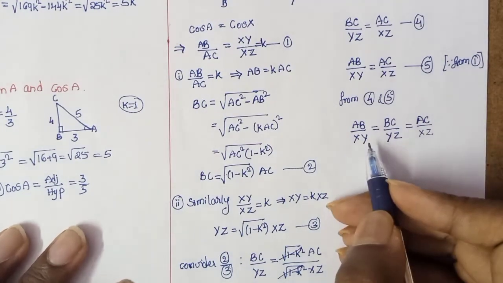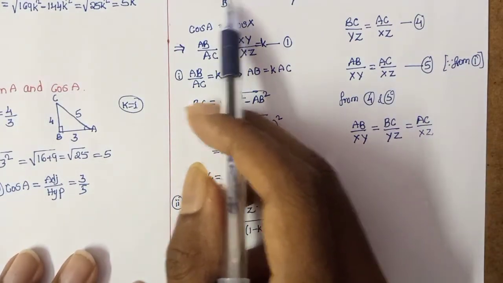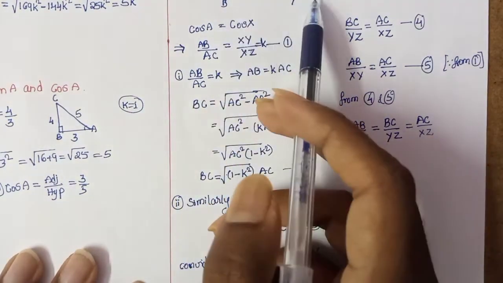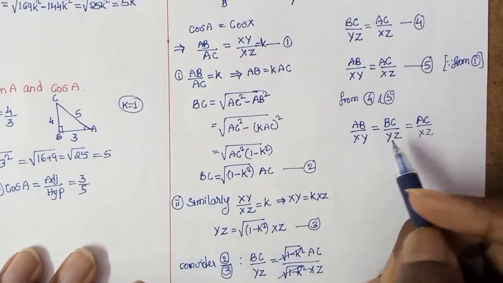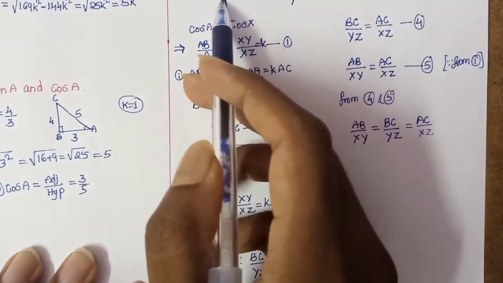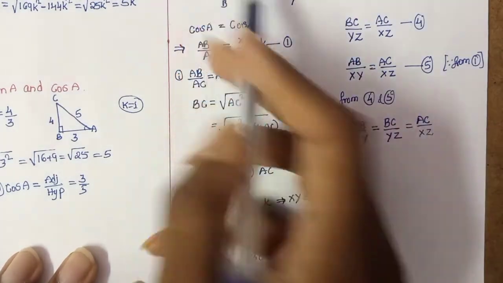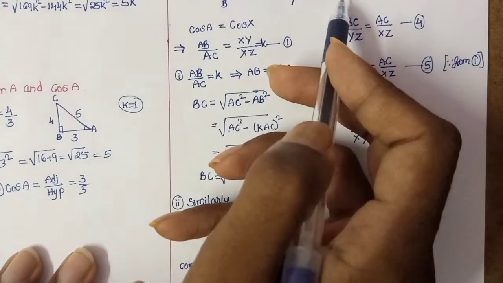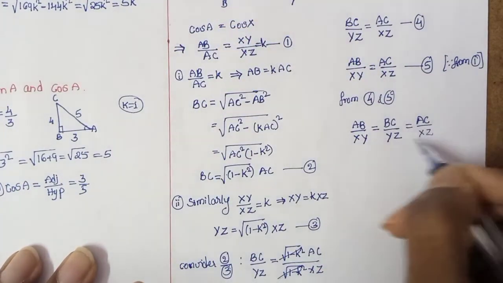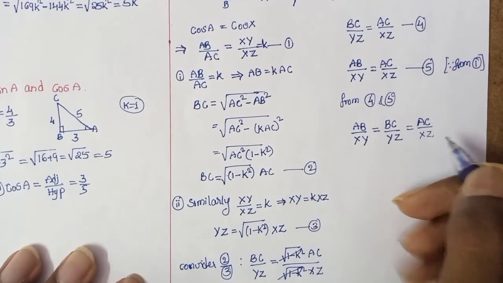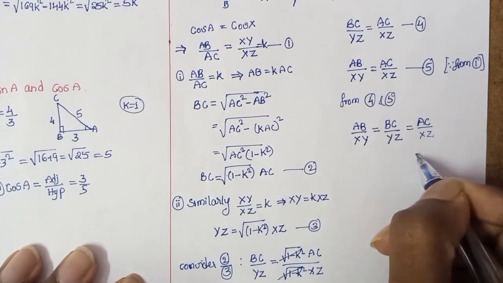If you observe this, if all the sides of two right angle triangles are proportional, that means AB by XY, BC by YZ, and AC by XZ, these ratios are equal, this kind of triangles are called similar triangles.